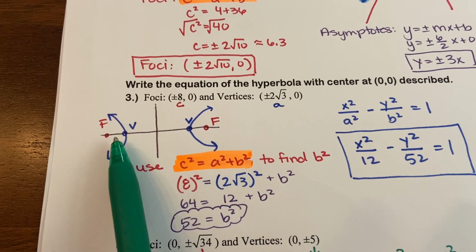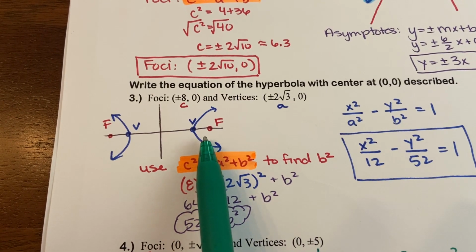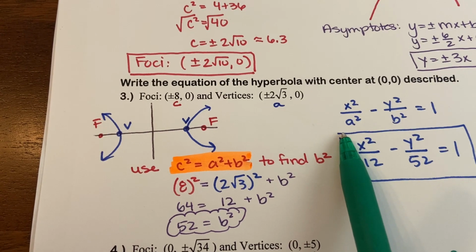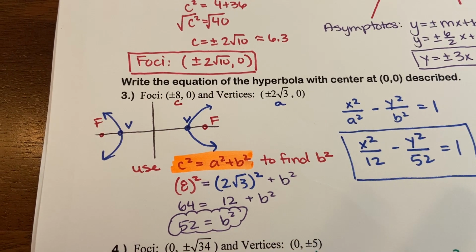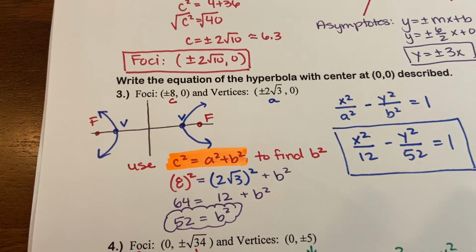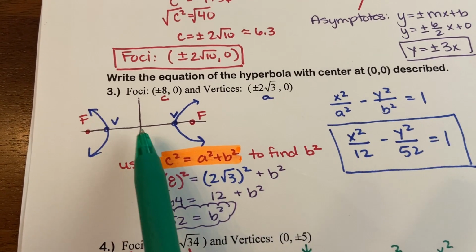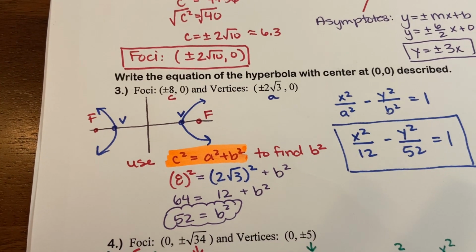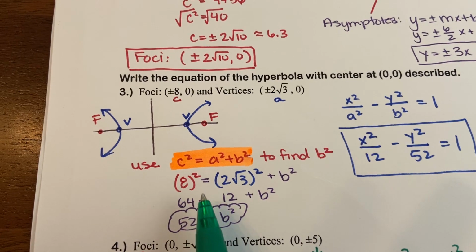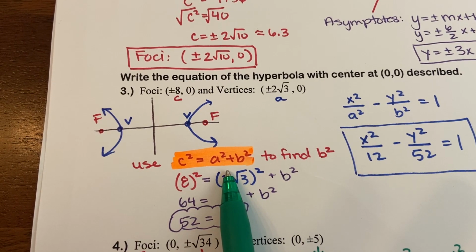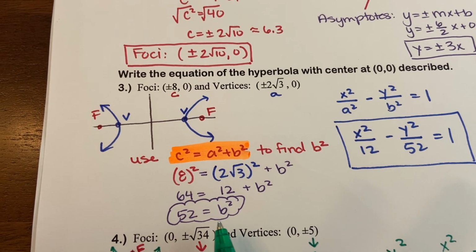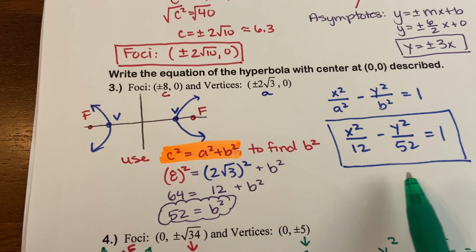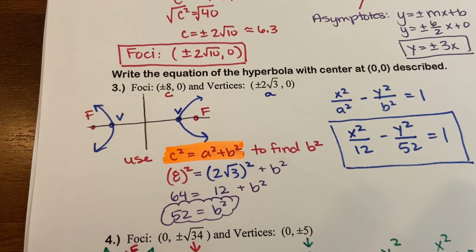So if both my vertices and my foci are on the x-axis, that means my equation is going to be x squared over a squared minus y squared over b squared is equal to 1. I can then go ahead and find my b using c squared is equal to a squared plus b squared. We end up with a b squared of 52, and then we can write our equation.